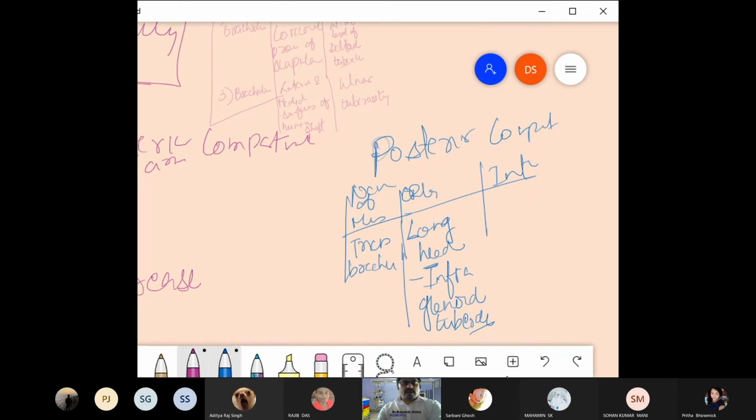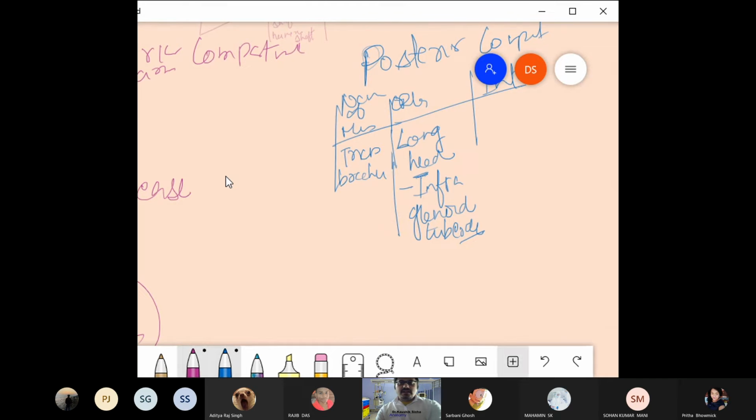And apart from that, we are having the next head as the lateral head. Lateral head, which is originating from the humerus. Now humerus is a long bone, exactly where?